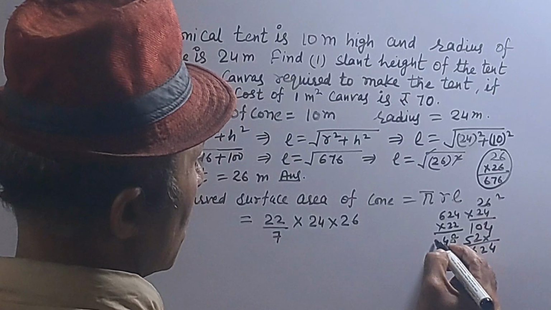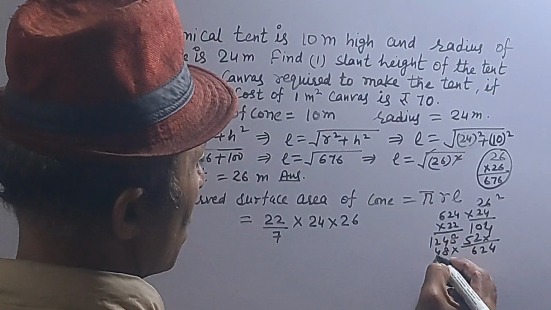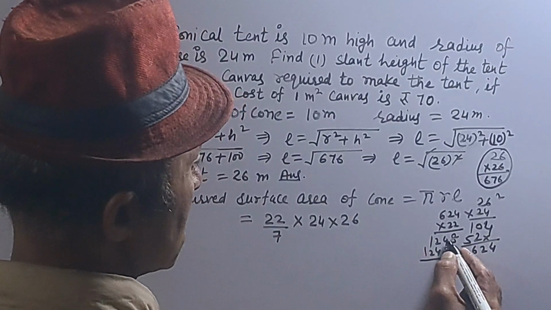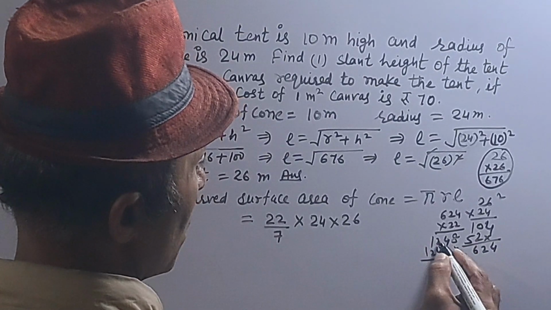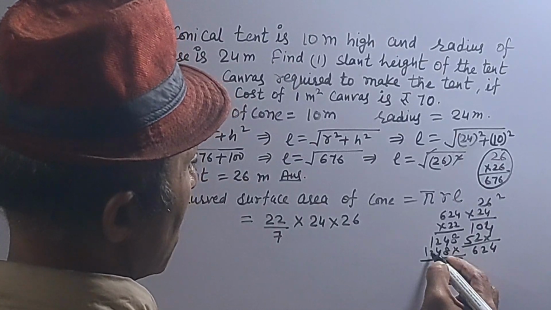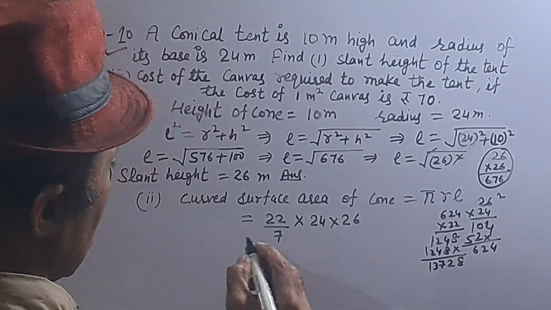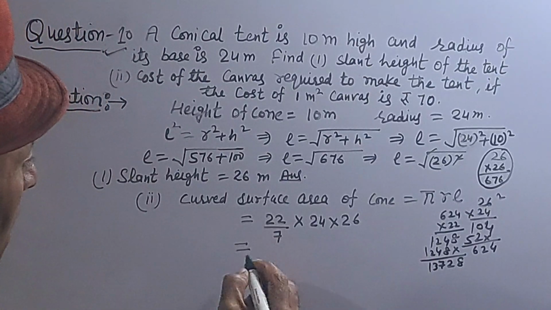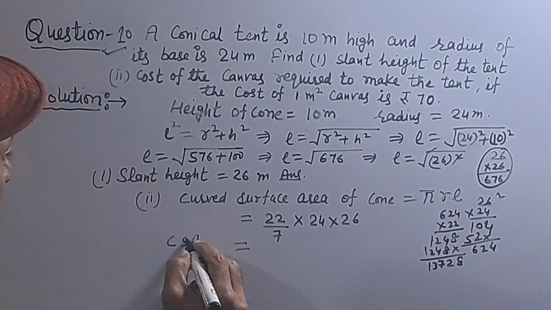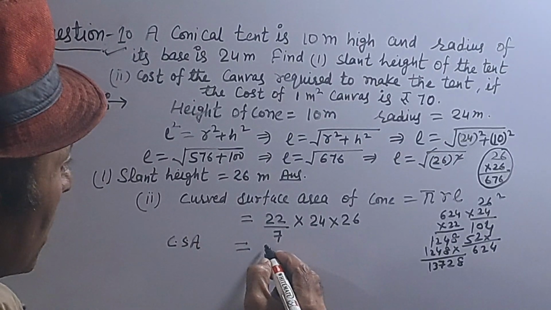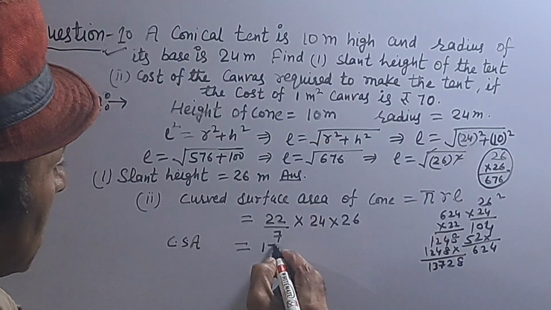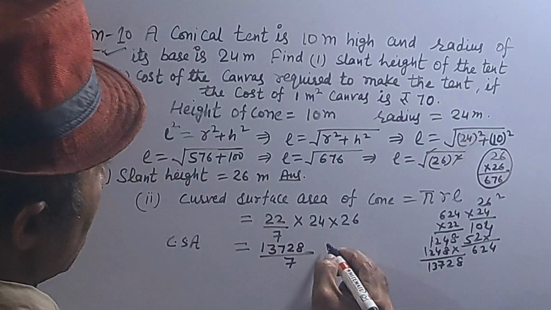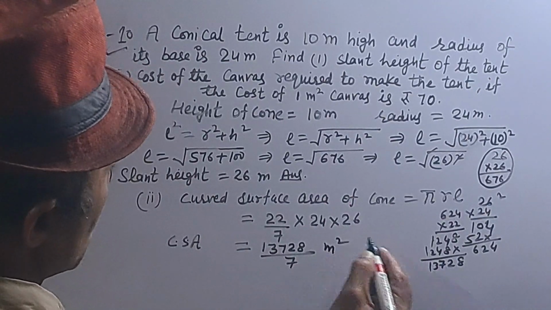So curved surface area of cone is equal to 13728 divided by 7 meter square.